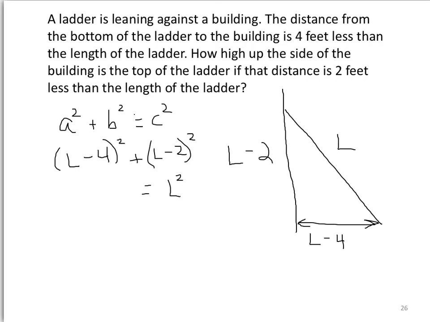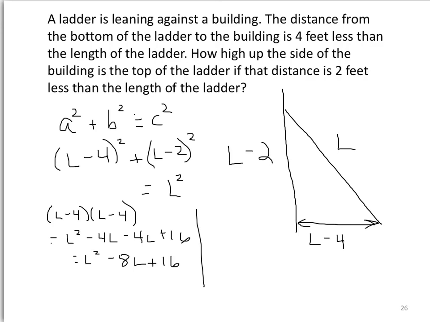Okay, what is (L - 4) squared? You can use FOIL on that. So we have (L - 4)(L - 4), and that's going to equal L² - 4L - 4L + 16, which is equal to L² - 8L + 16.